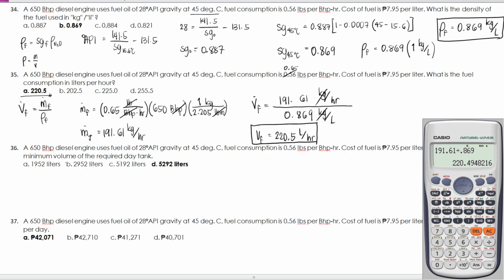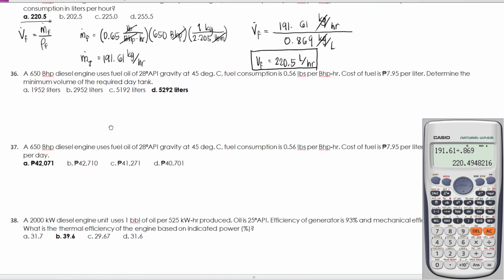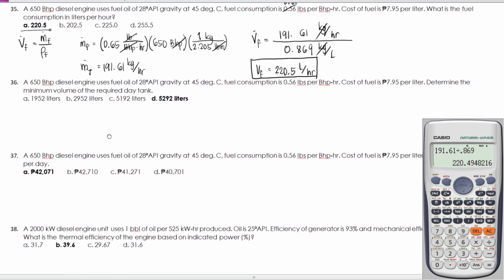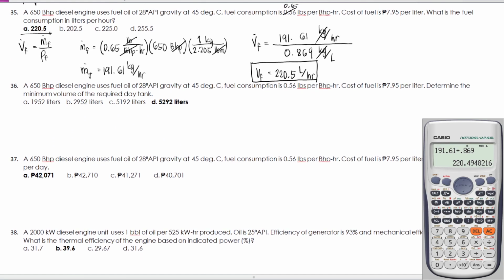Again, continuation pa rin ng ating problem na to. Itaas lang natin para makita natin. Ayan, sige. Again, gawin pa rin natin itong 0.65 instead of 0.56.